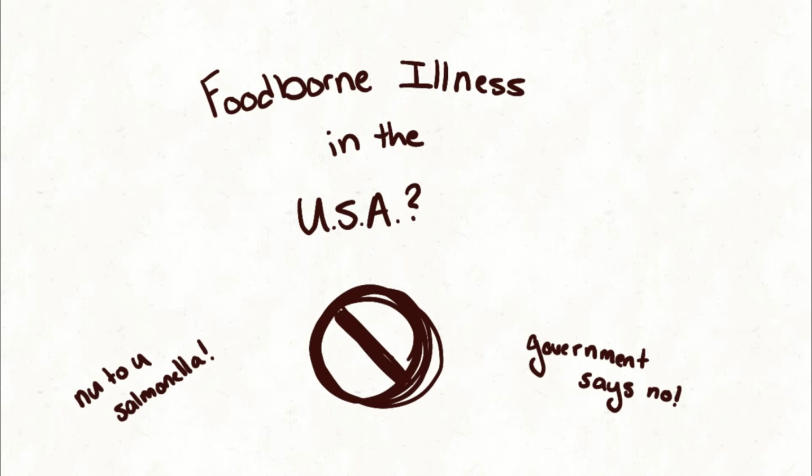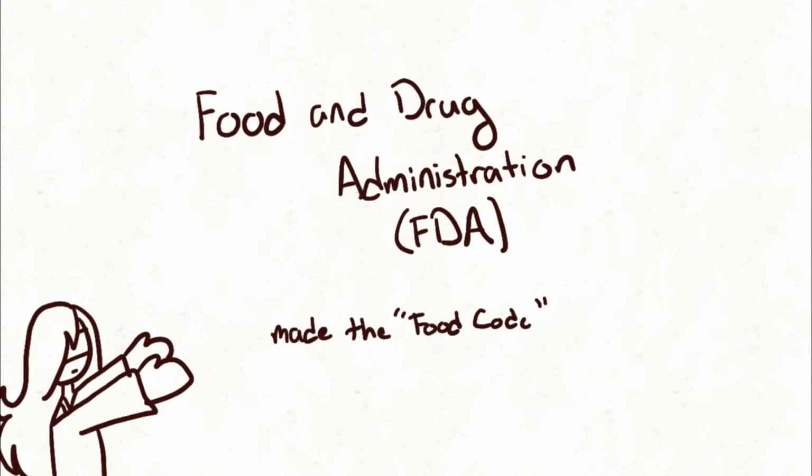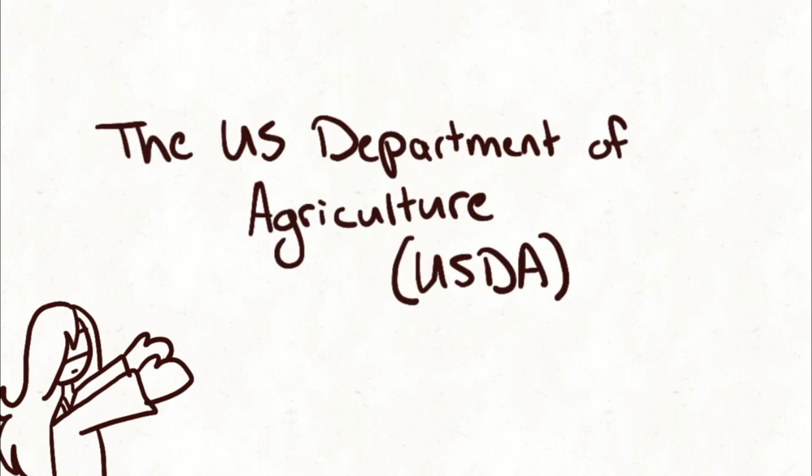State and local regulatory authorities create regulations and inspect operations. The Food and Drug Administration inspects all food except meat, poultry, and eggs, and regulates food transported across state lines. It issued the Food Code, a science-based code that provides recommendations for food safety regulations and regulates food service. The U.S. Department of Agriculture regulates and inspects meat, poultry, and eggs.